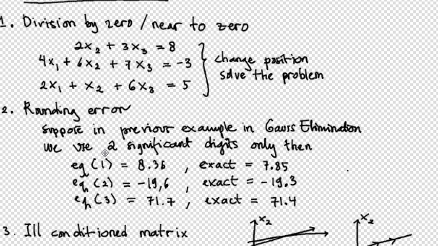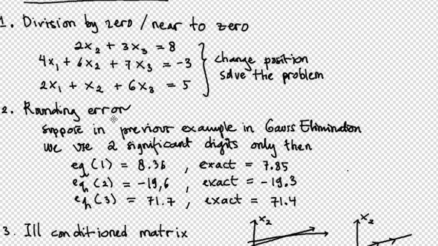But if I use only 2 digits of decimal place, so there is rounding, then the result will be different. Suppose the exact solution should be 7.85, but I will have the solution as 8.36. So this is a huge difference here.